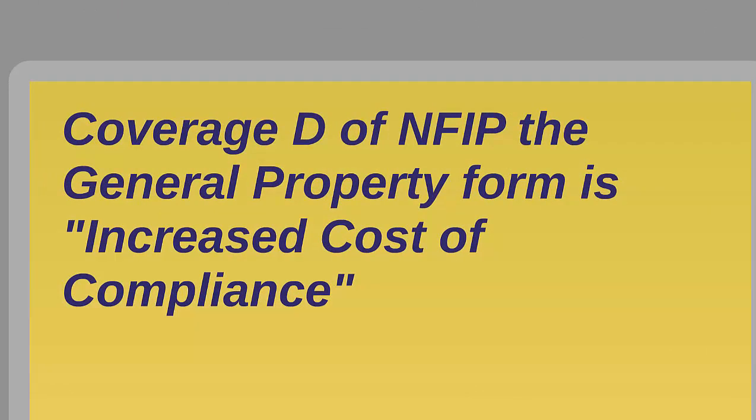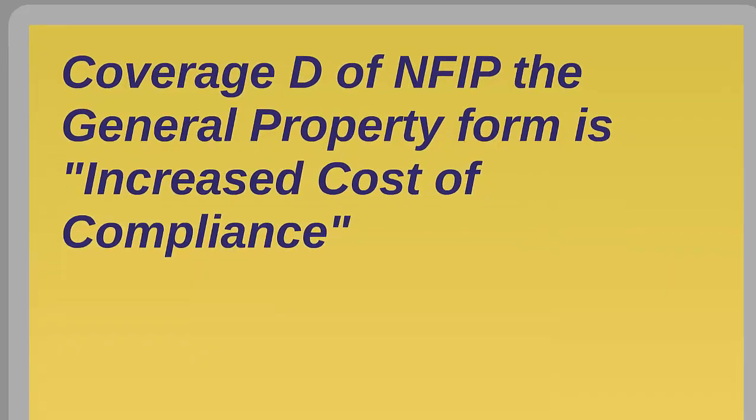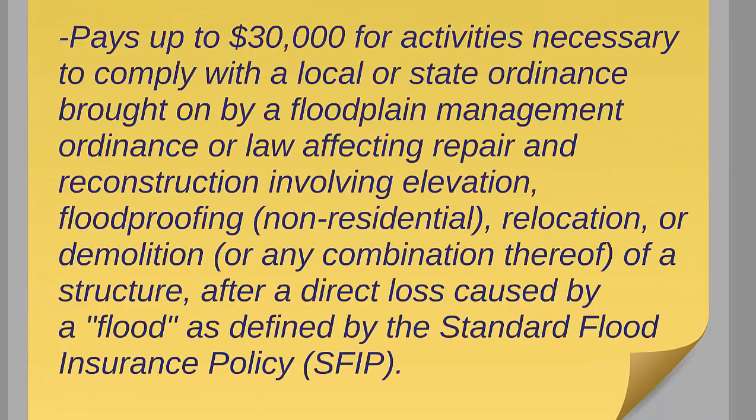Last in this section, I want to talk about Coverage D of the NFIP General Property Form, which is increased cost of compliance. This pays up to $30,000 for activities necessary to comply with a local or state ordinance brought on by a floodplain management ordinance or law affecting repair and reconstruction involving elevation, floodproofing non-residential, relocation or demolition, or any combination thereof, of a structure after a direct loss caused by a flood as defined by the Standard Flood Insurance Policy, or SFIP.